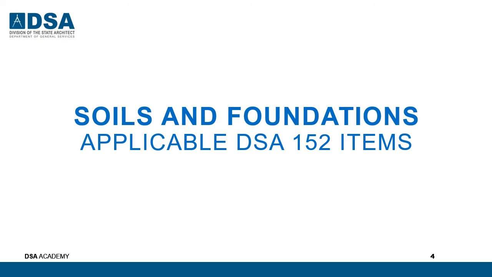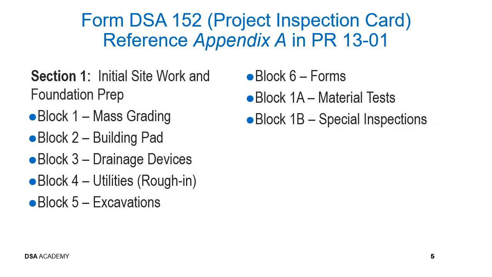We will start with applicable DSA 152 items. In DSA Form 152, Section 1 will cover mass grading, building pad, drainage devices, utilities, excavation, forms, material testing, and special inspections.